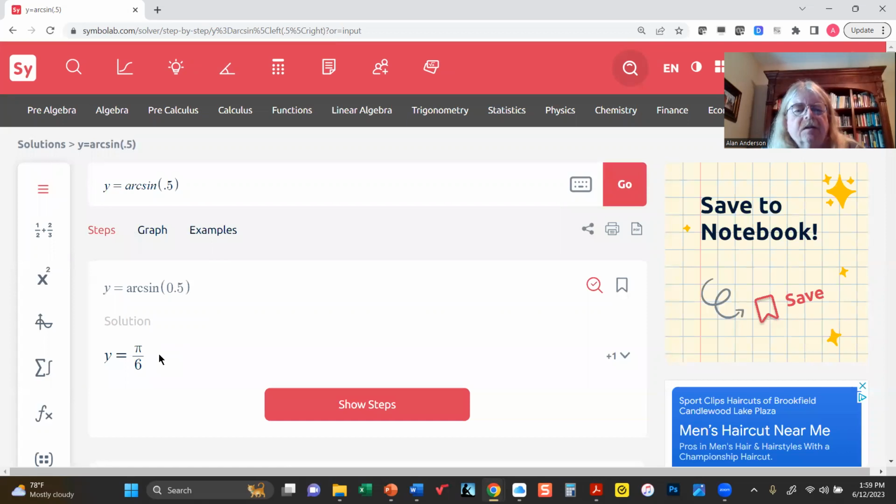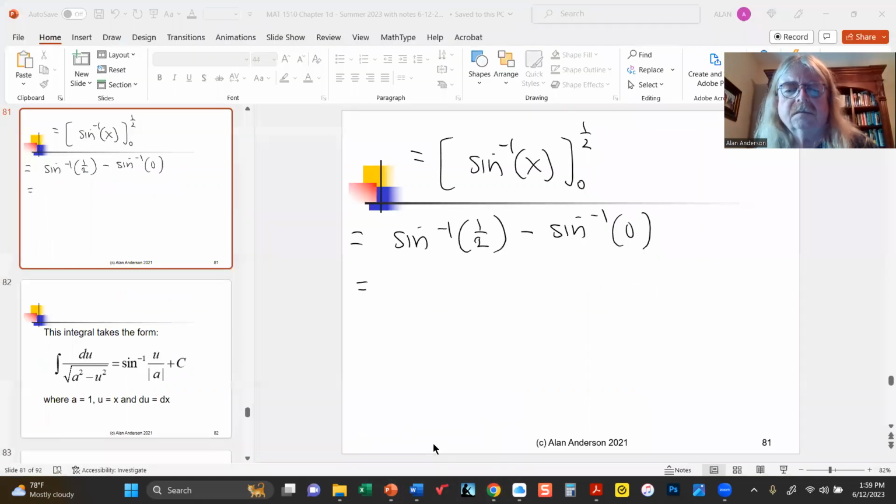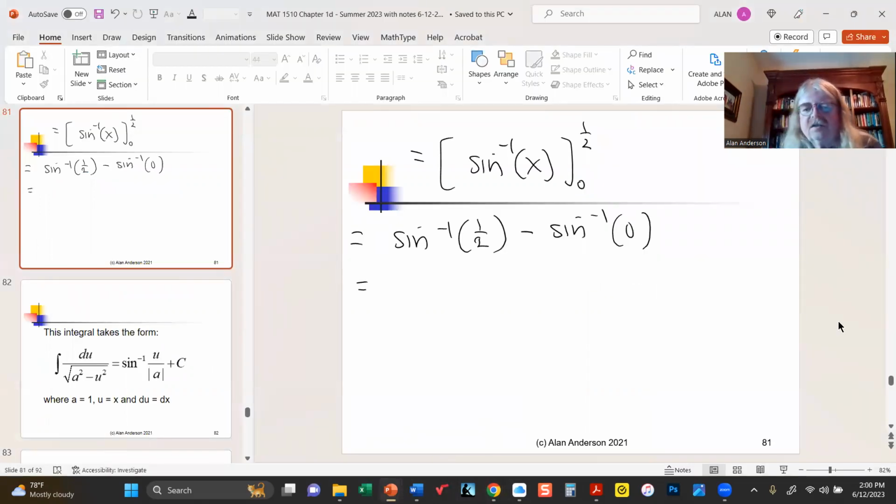It comes up on my calculator as the actual decimal value, which is approximately 0.523598. But let's just leave it as pi over 6. Okay, so this term is pi over 6.